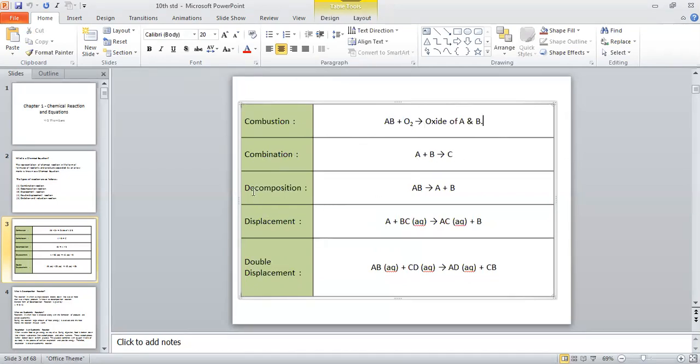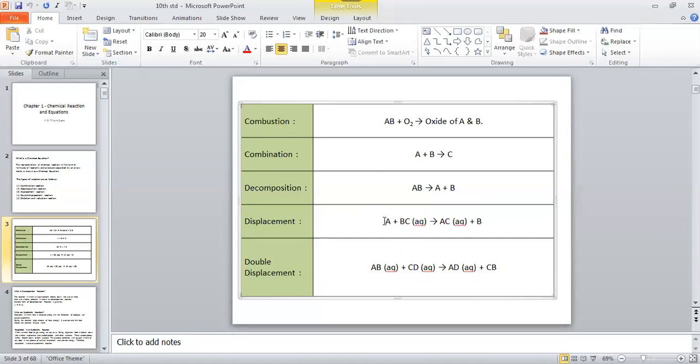Then the next is the decomposition type of reaction. It is exactly the opposite of the combination reaction. Here one large molecule is converted into two small molecules. Next is the displacement type of reaction. Displacement means substitution.